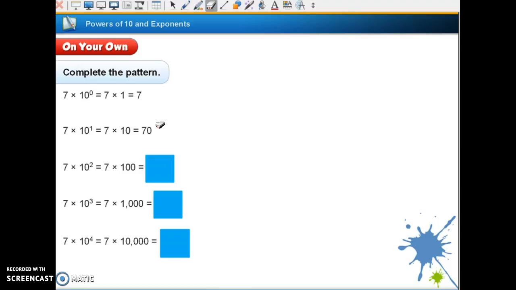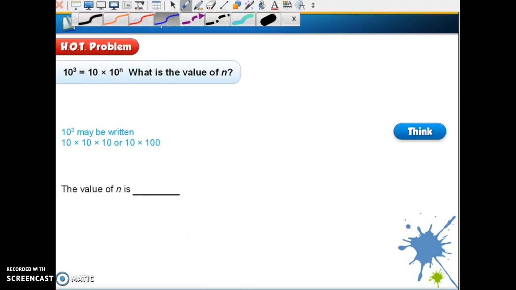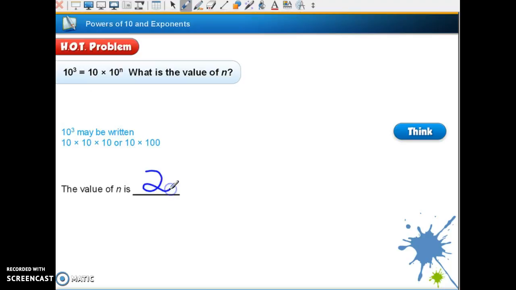So 7 times 100 is 700. 10 to the third power is 1,000. 7 times 1,000. 10 to the fourth power is 10,000, times 7 is 70,000.